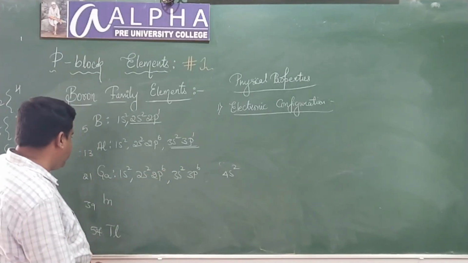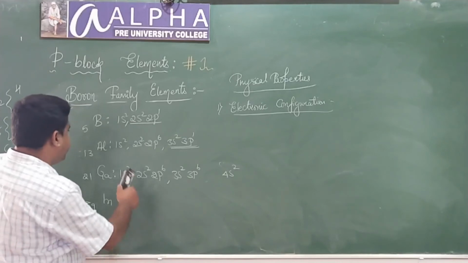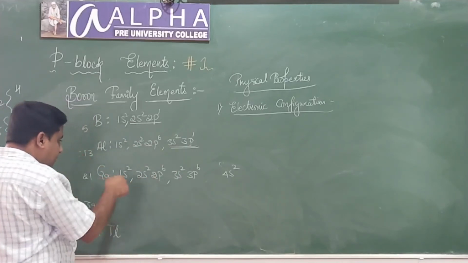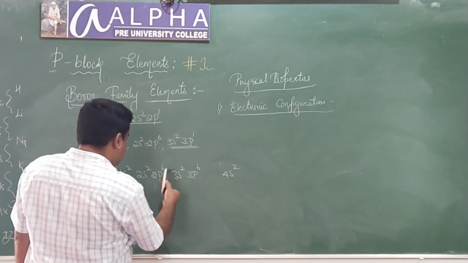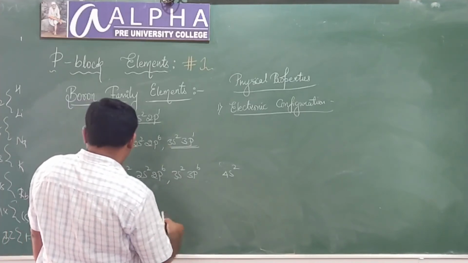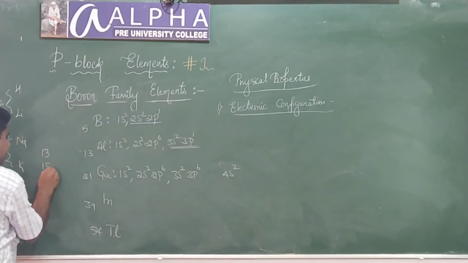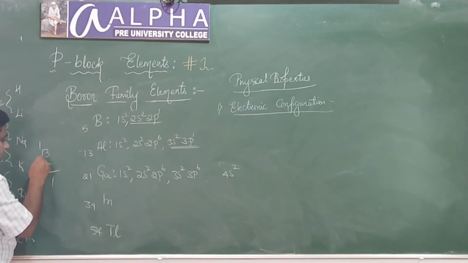No, somewhere we are going wrong. Is this correct? 3s2, 3p1. 1s2, 2s2, 2p6, 3s2, 3p6. So already 20. How about 13 plus 18? That is 31.